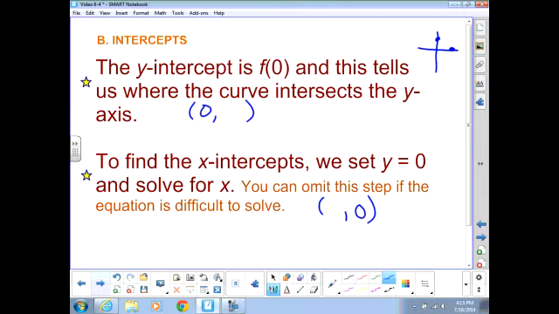But anything that's cubic and less, you should be able to find the roots for the function. Now, you can have more than one x-intercept. Y-intercepts, because it's a function, if it had more than one y-intercept, it wouldn't pass the vertical line test. But x-intercepts, you could possibly have multiple.